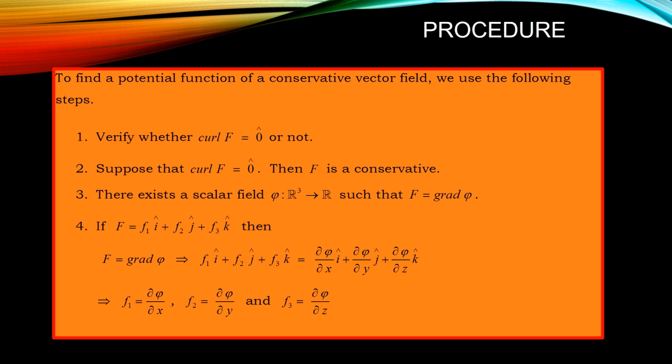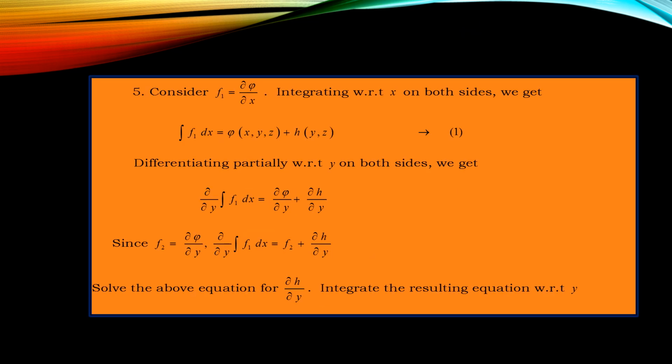That implies f1 equals dou phi by dou x, f2 equals dou phi by dou y, and f3 equals dou phi by dou z. We have already written the component functions f1, f2, f3 in terms of the scalar point function phi.